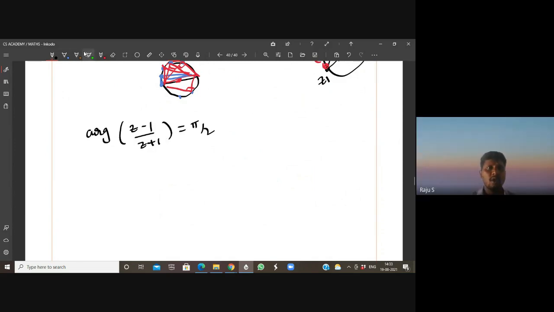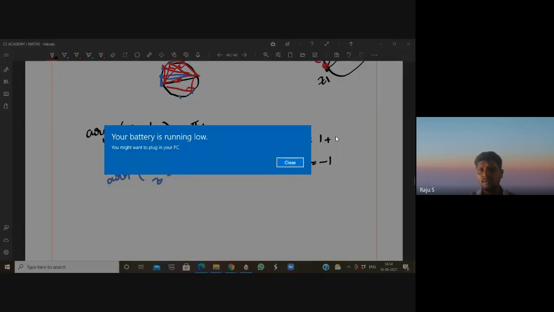Now compare this with argument of (Z minus Z1) by (Z minus Z2) equal to pi by 2. Then Z1 is given by 1 and Z2 is equal to minus 1. Am I right when comparing these two? Z1 is equal to 1, which can be written as 1 plus 0 iota.